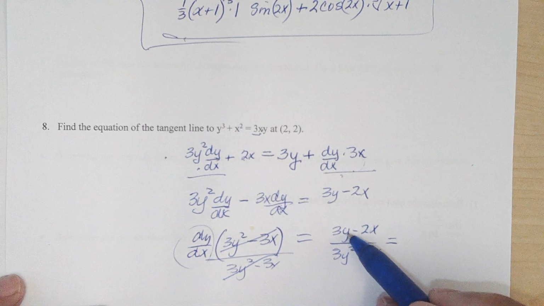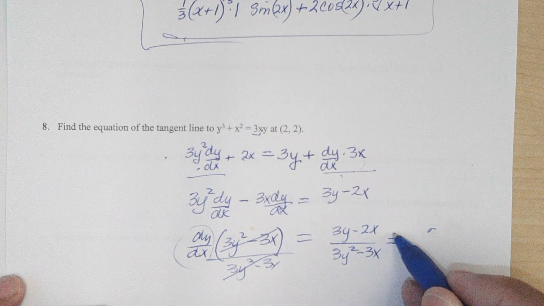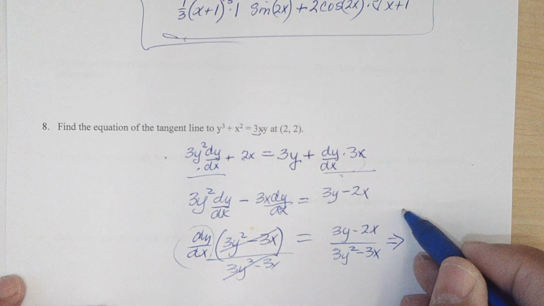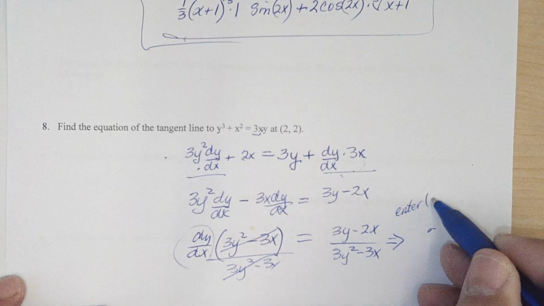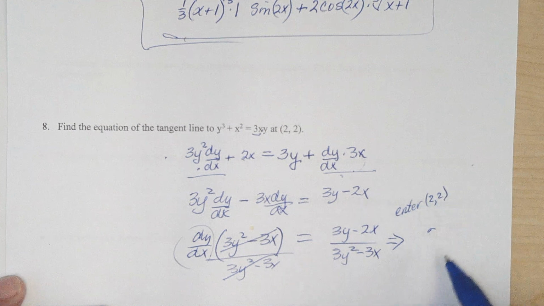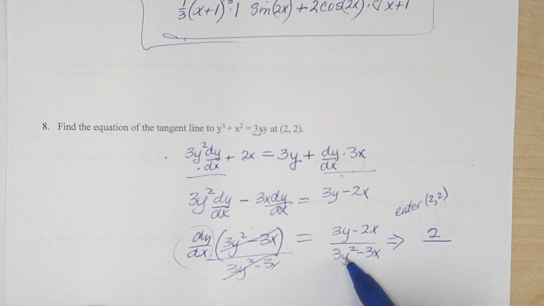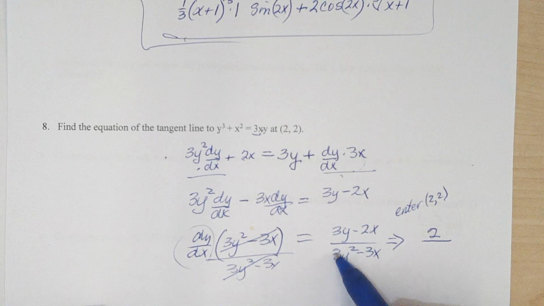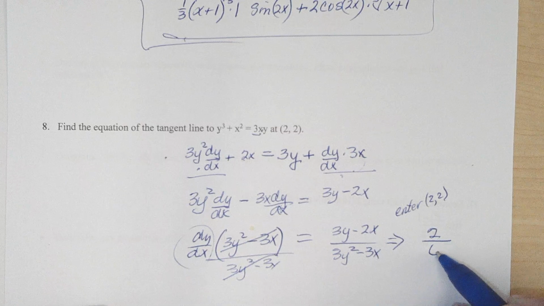So if I put 2 in here, I get 6 minus 4, which is 2. And if I put 2 in here, I get 12 minus 6, which is 6.